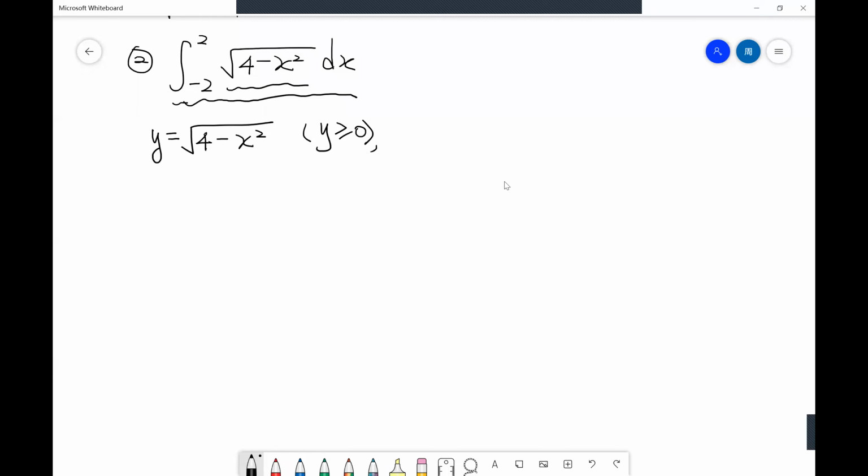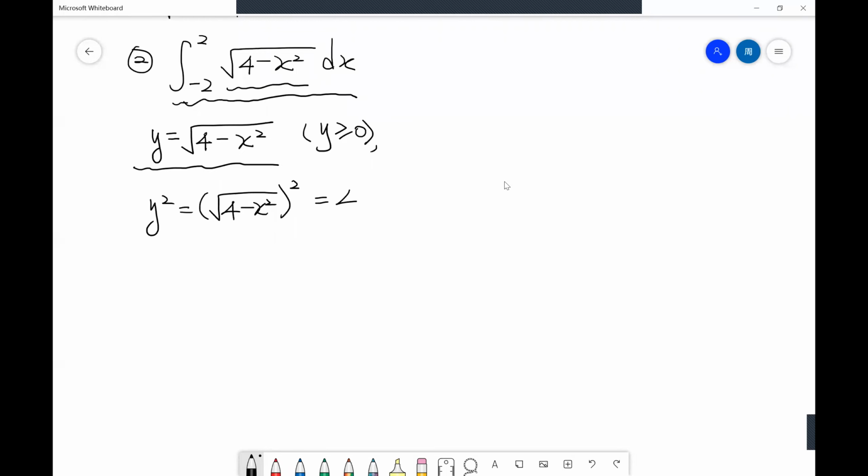That is a condition. And then for this equation, we can square both sides. So y squared equals the square root of 4 minus x squared, all squared.